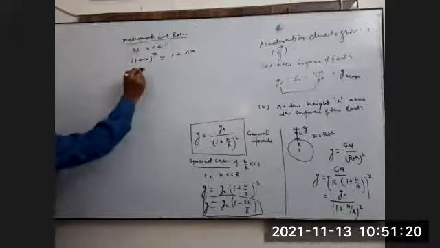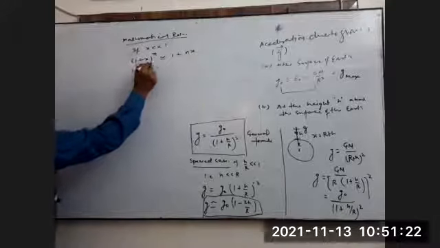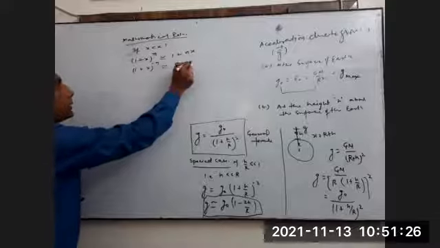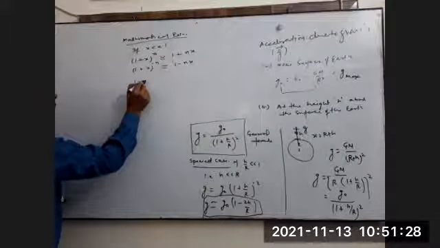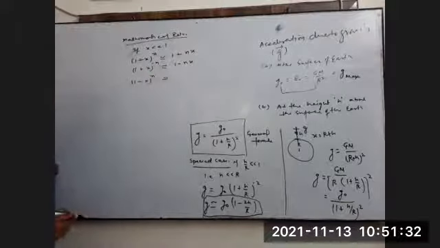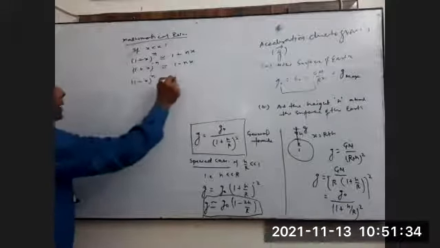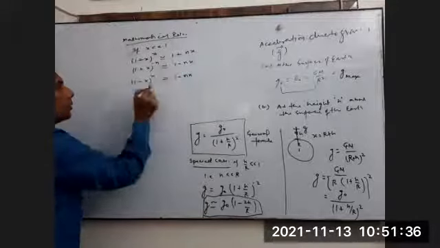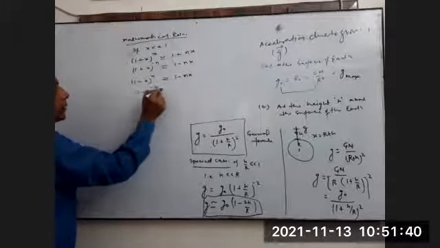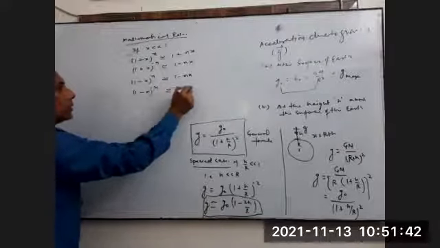If it is 1 plus x to the power minus 1, it is 1 minus nx. 1 minus x to the power n is 1 minus nx. 1 minus x to the power minus 1 is 1 plus nx.